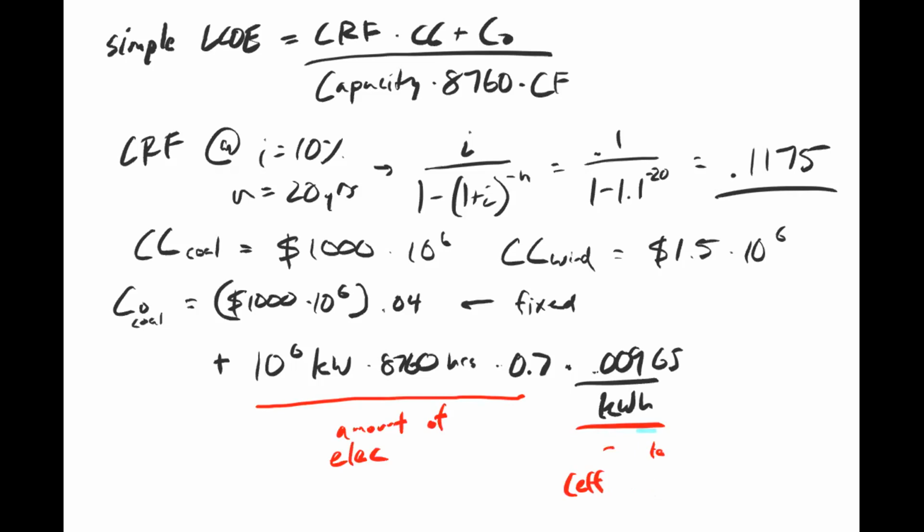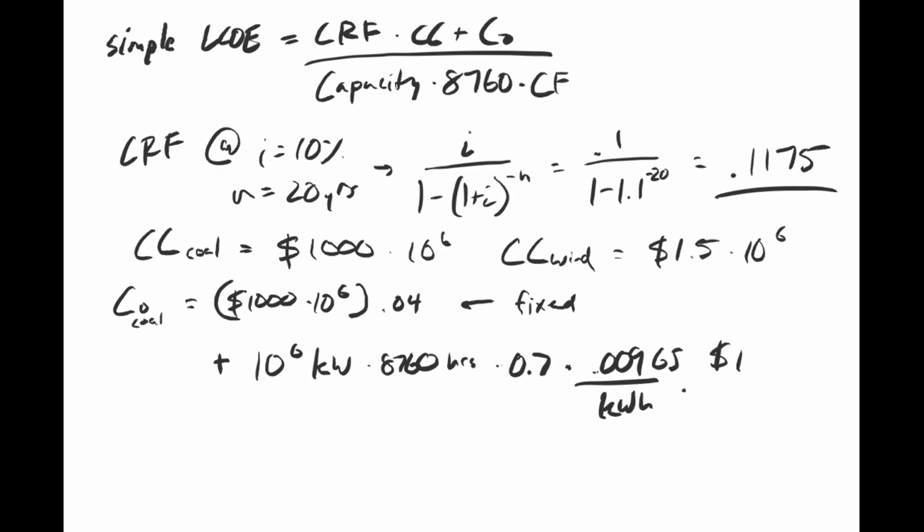Okay, and then the amount of money was $1.2 per gigajoule.